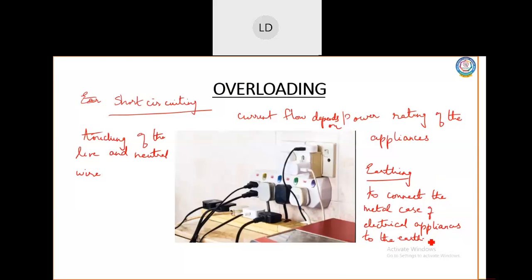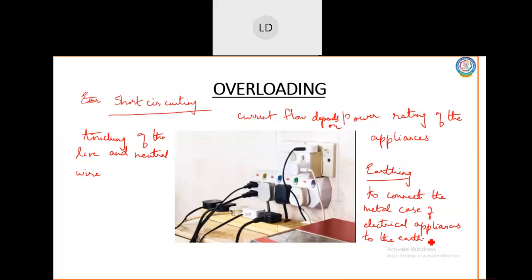To avoid this, earthing has to be done. Earthing is done to protect from very high shock. All these things have to be made whenever a domestic electric circuit is set up. So this is about domestic electric circuits.